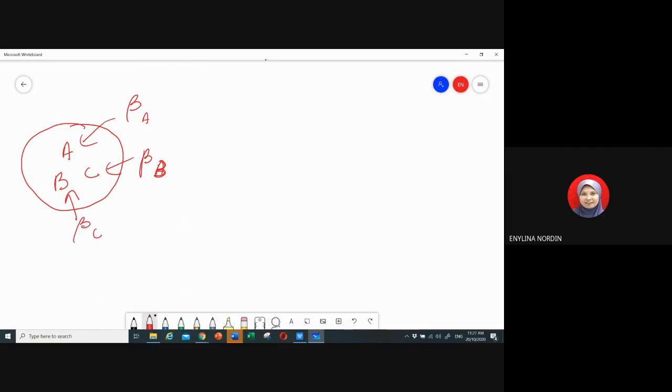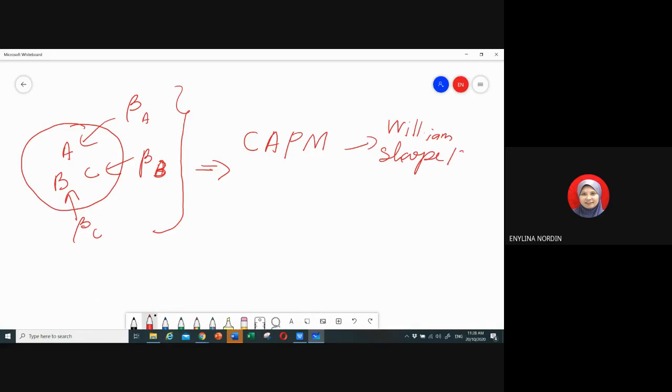Faham? Okay. And this data will be applied in the capital asset pricing model, right? Which was introduced by William Sharpe, if I'm not mistaken. William Sharpe in 1964 kot.